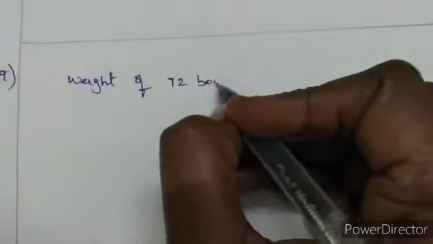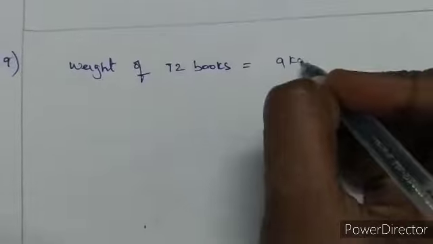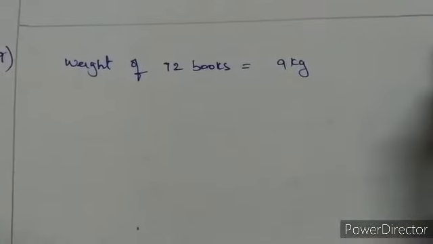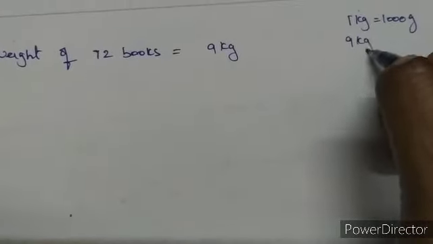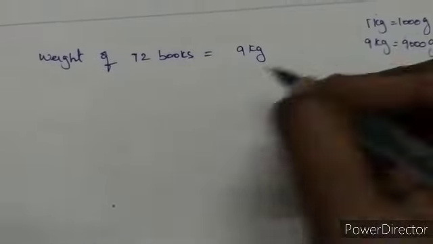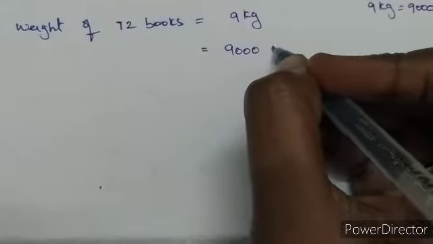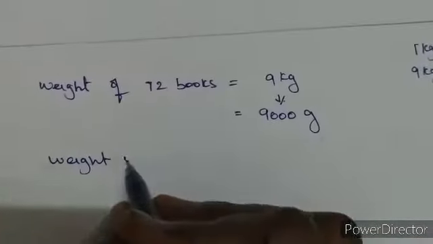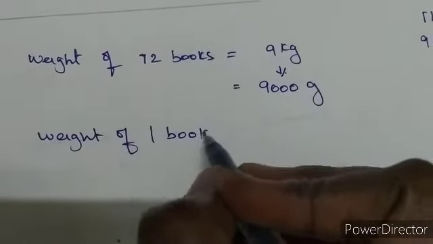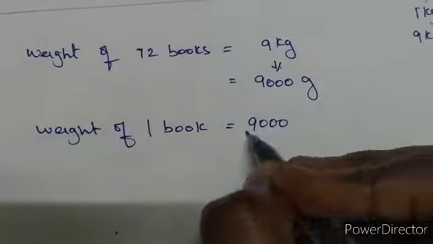Question number 9. Weight of 72 books is equal to 9 kg. So that we can change it into grams: 1 kilogram is equal to 1000 gram, so 9 kilogram is equal to 9000 gram. Now the weight of one book is equal to 9000 divided by 72.